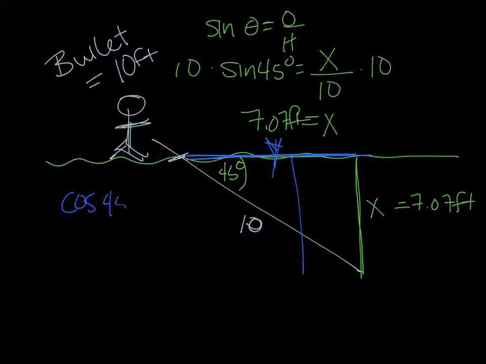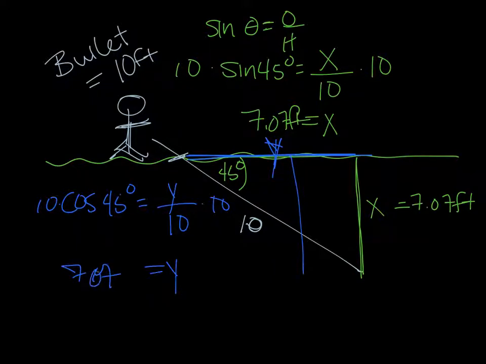So cosine of 45 degrees equals the adjacent over the hypotenuse 10, multiplied by 10 on both sides. If we plug that in a calculator, cosine of 45 degrees times 10, we get 7.07. So we're going to measure over 7.07 feet, and dig down 7.07 feet, and we should be able to find the bullet right there, no problem.